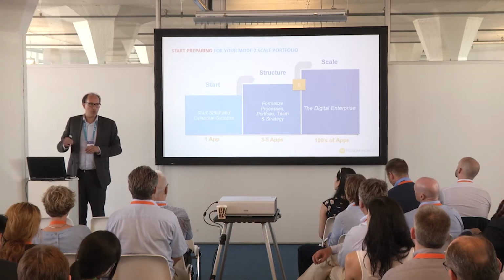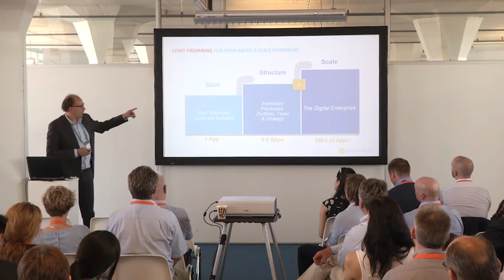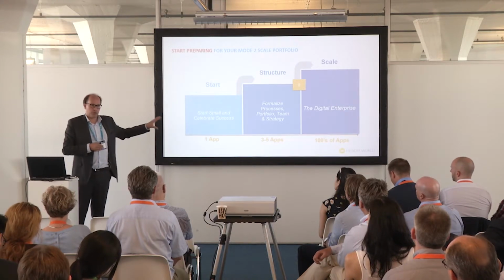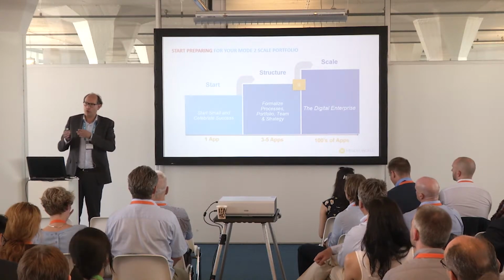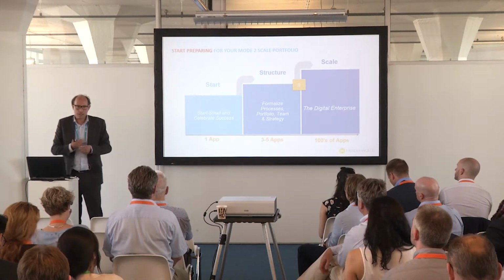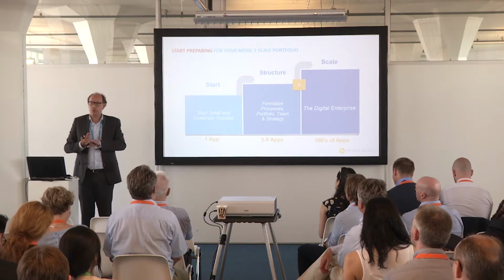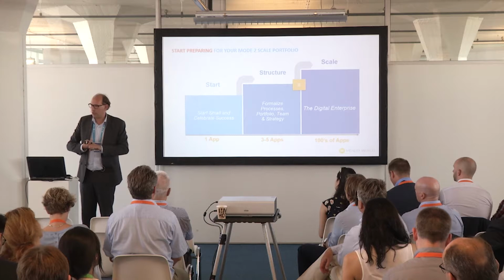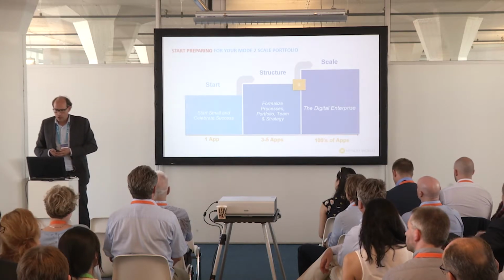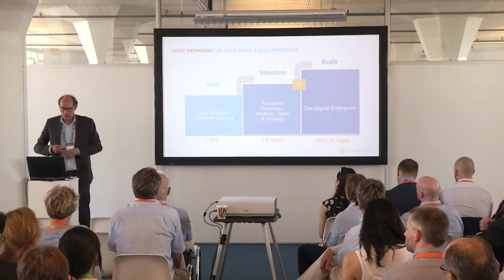So how are we going to make sure that, in the scale phase, once the 5 apps or the 10 apps have been created, you are able to find new ideas, that you're able to fund the selection of the ideas, that you're able to fund the creation and the implementation and prototyping of those specific ideas. So this is something that we need to look at.